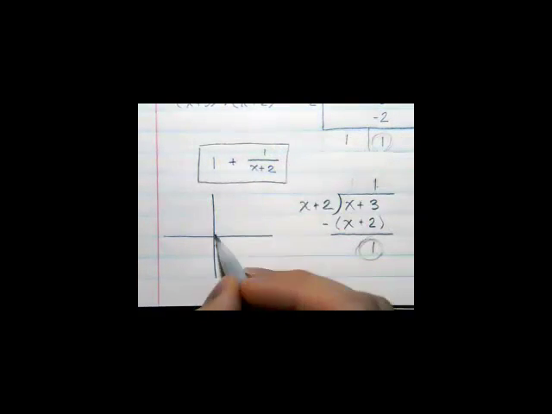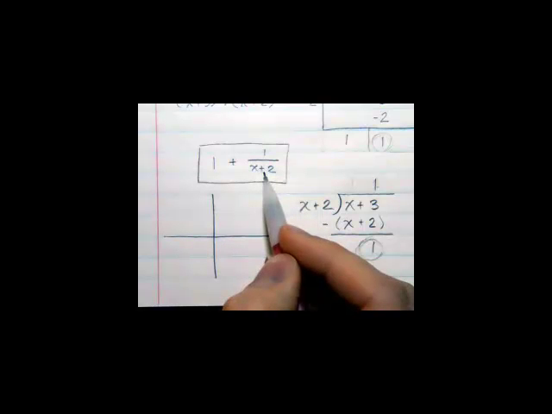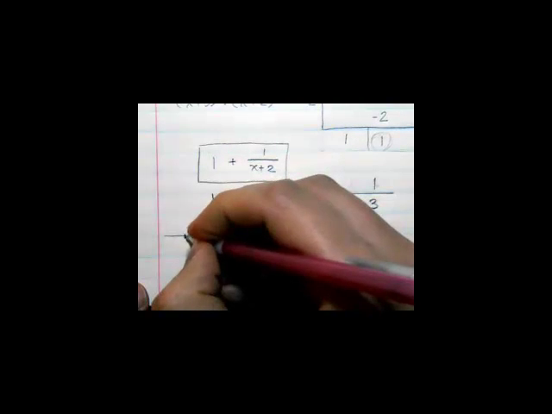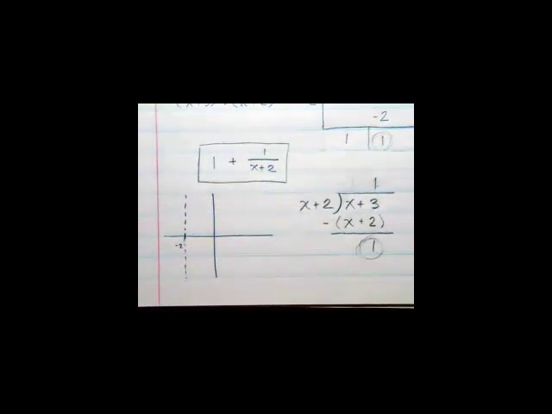Anyway, all right. So this one, if I'm going to graph this, let's start with the vertical asymptote. Left 2. So we're at negative 2. And what is the horizontal asymptote? That's the one that's up 1. Yep.